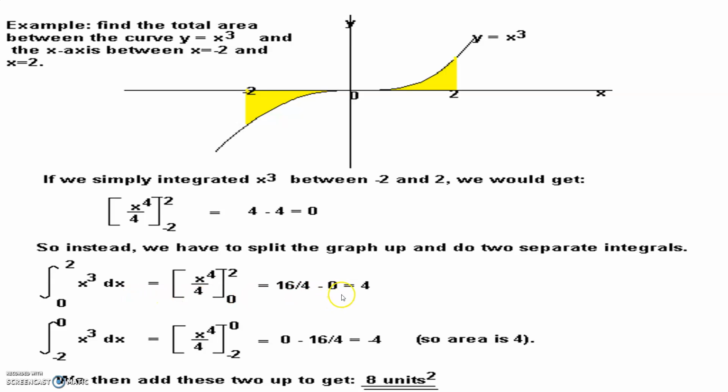Area of this is 4, area of x cube from minus 2 to 0 is minus 4, so the area is 4 minus of minus 4, it is 8 square unit. So we add both areas and we get the total area of this diagram. Here we use the property of definite integral, that is, the integral from minus a to a of f of x is equal to the integral from minus a to b plus b to a.